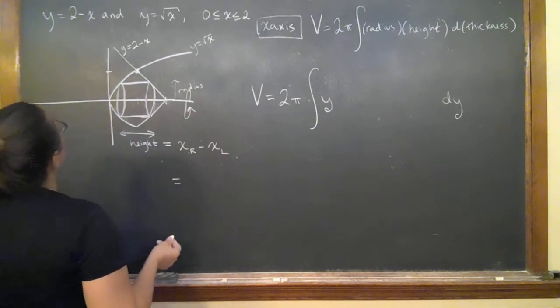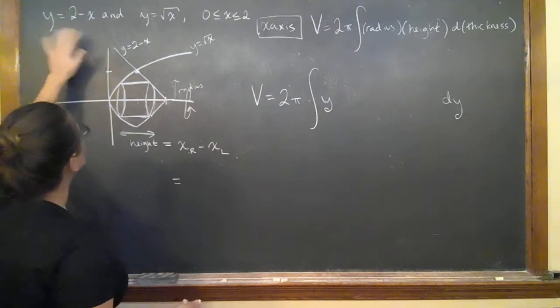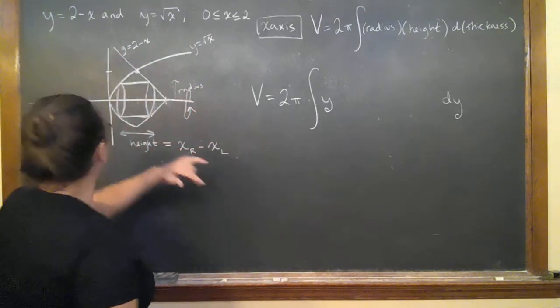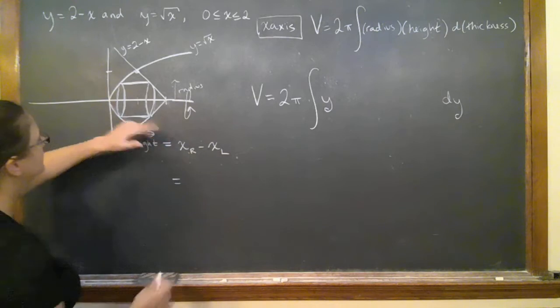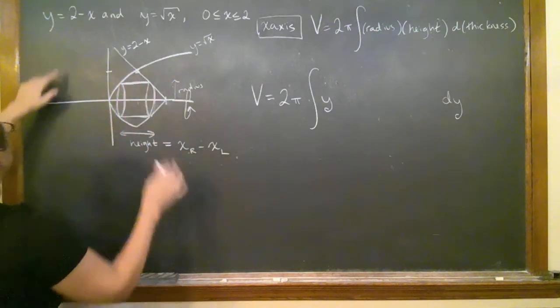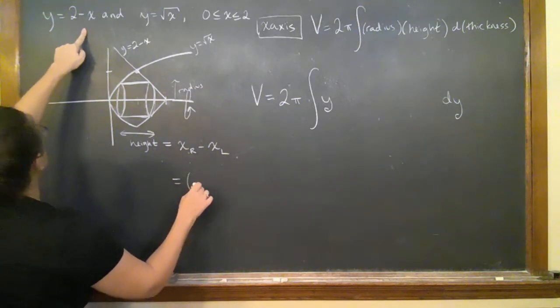So in this particular example, they gave us y as a function of x, so we have to change this so that our variable is y, right? So my right one is here, that's the line, so this is going to be x equals y minus 2.